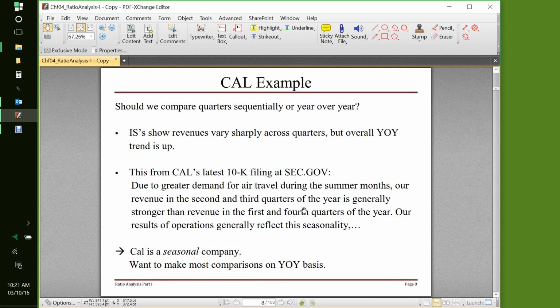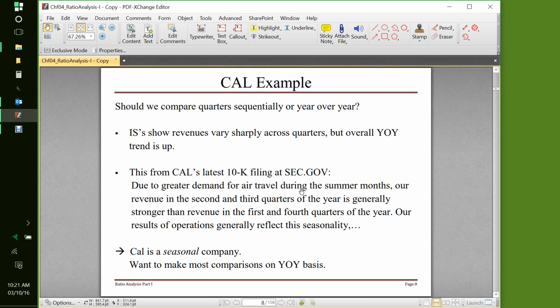To better help us answer this question about how we should compare the most recent quarter to something else, either the immediately prior quarter or the year ago quarter, that would be called a year-over-year comparison, we can look at Continental's most recent annual filing with the SEC, which is called a 10K filing.